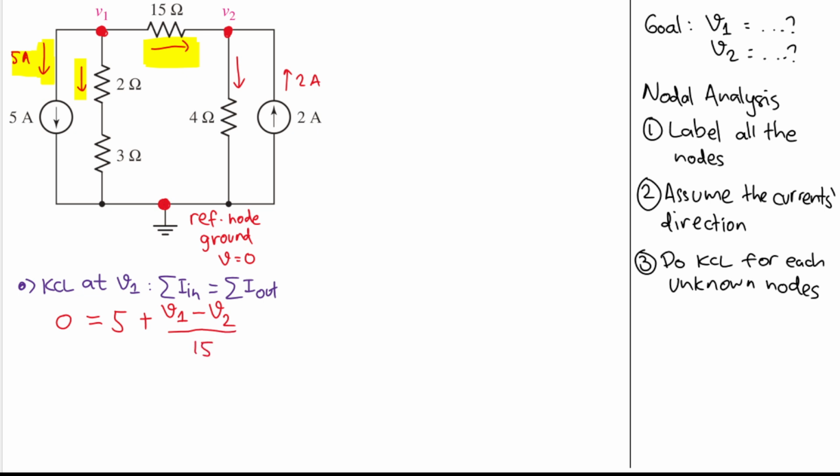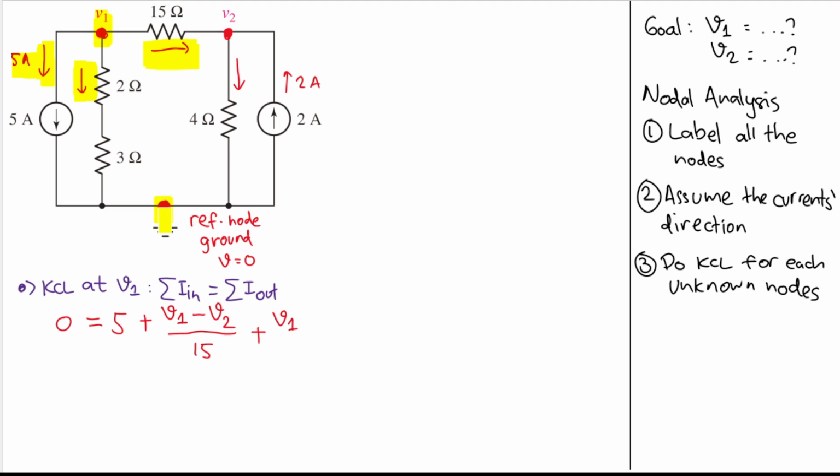Good. And we still have another current here, which is this one. And for that current, we can play the same game. The current comes from V1, so I will have V1. And the current goes to this reference node, right? It's coming from here and it goes here. So I will have minus 0.